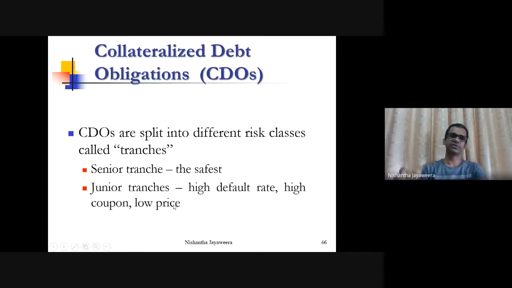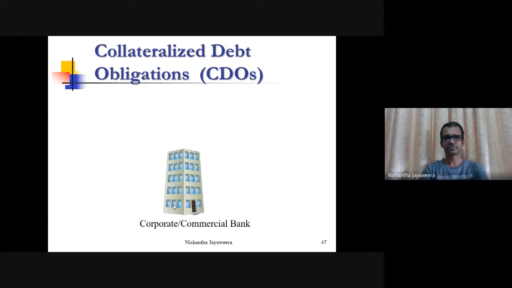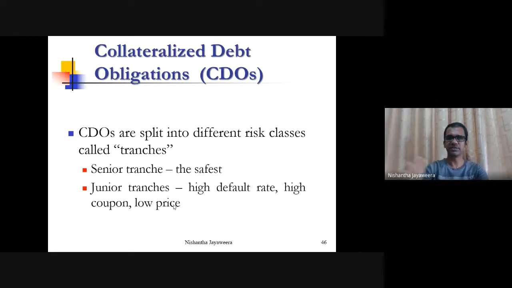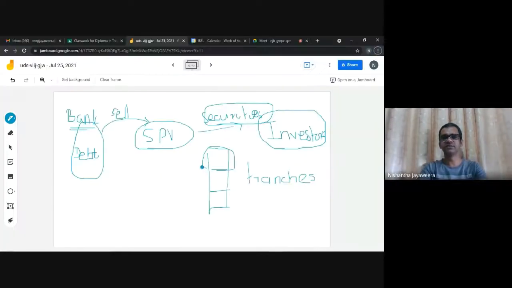In between the senior and junior tranches, there can be one or more tranches we call mezzanine tranches.